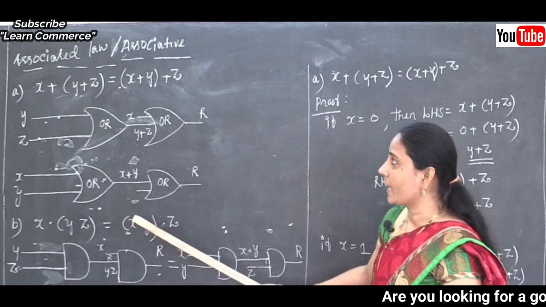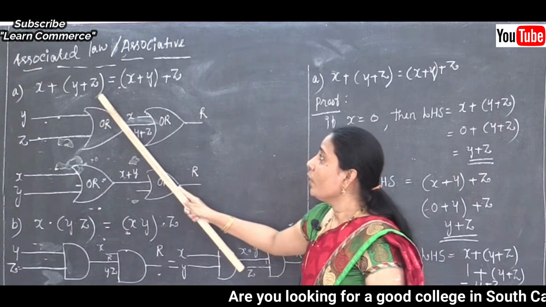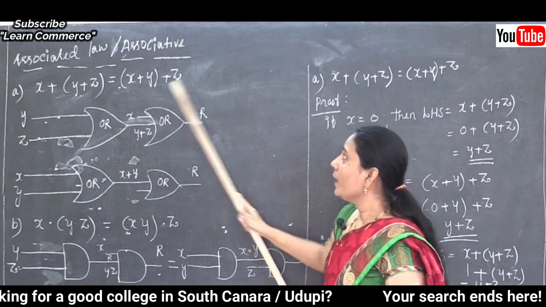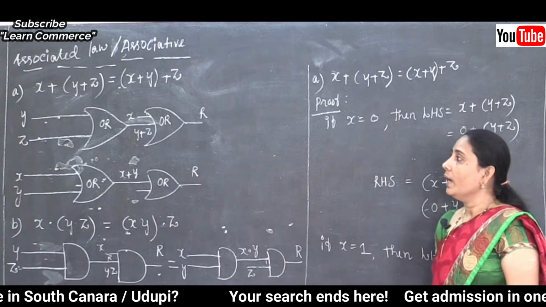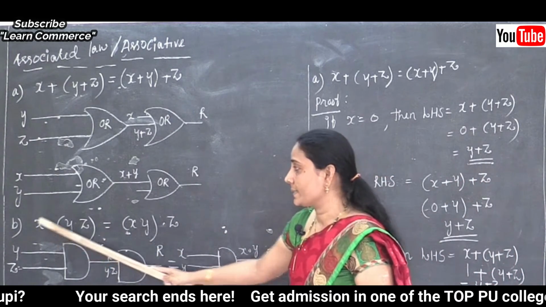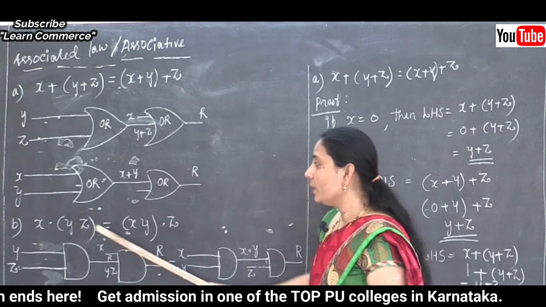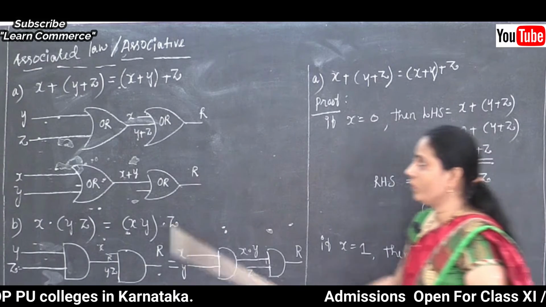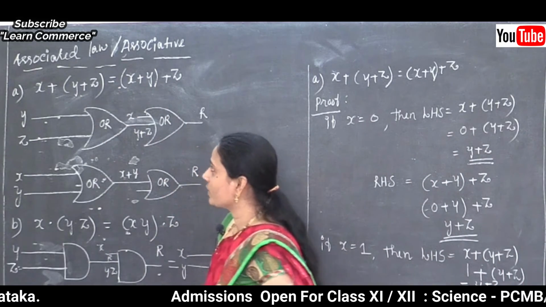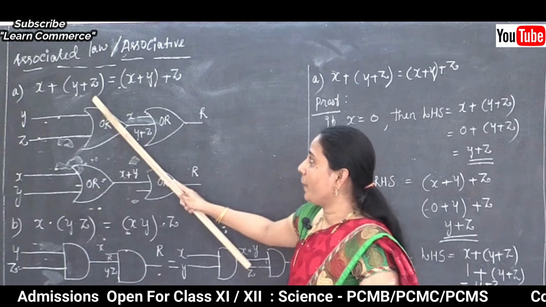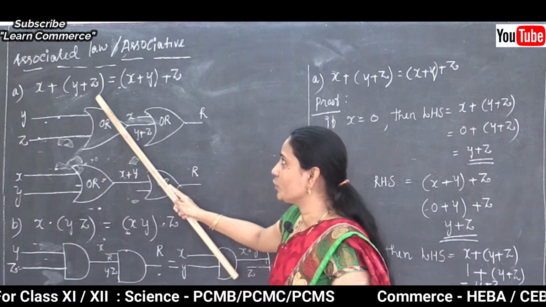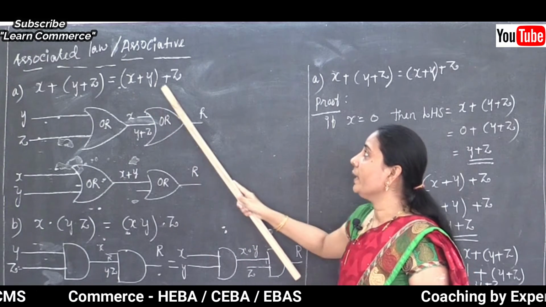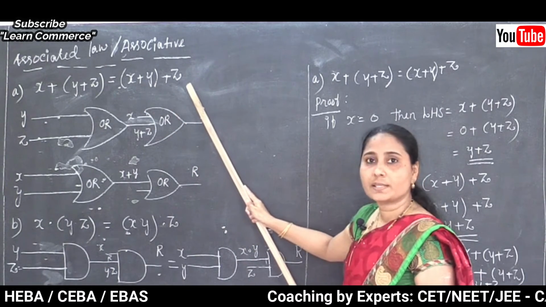This law states that x plus y plus z is equal to x plus y plus z, grouped differently, and second, x and y and z is equal to x and y and z. The first one is x plus, in parentheses, y plus z, is equal to, open the parentheses, x plus y, closing the parentheses, plus z.